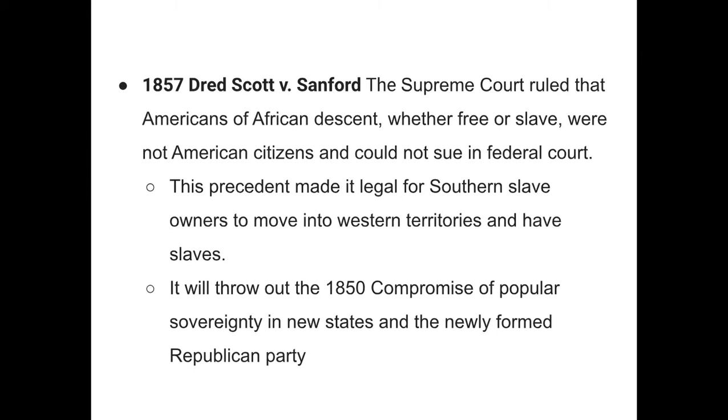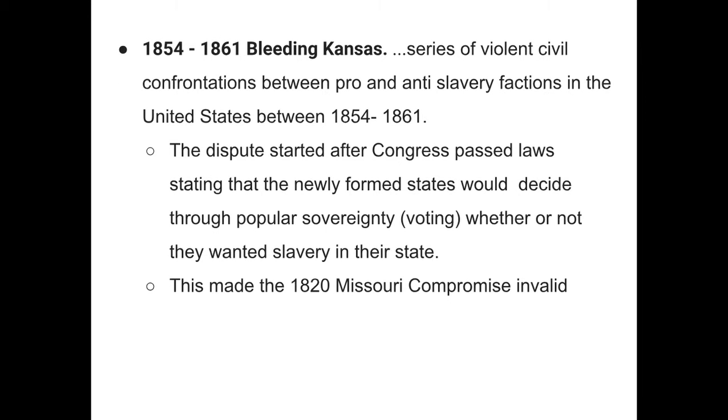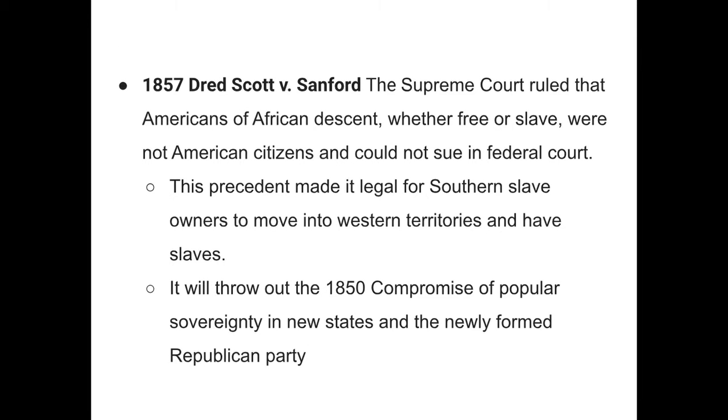Kansas becomes a state in 1861, but in 1854, the Kansas-Nebraska Act was passed. Then in 1857, one of the largest Supreme Court cases ever, a slave named Dred Scott sued his owner, who died and passed it off to his son by the name of Sanford, for his freedom.